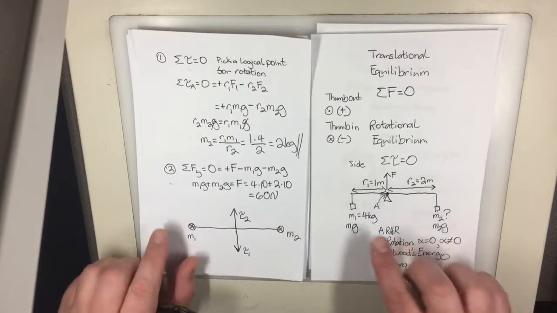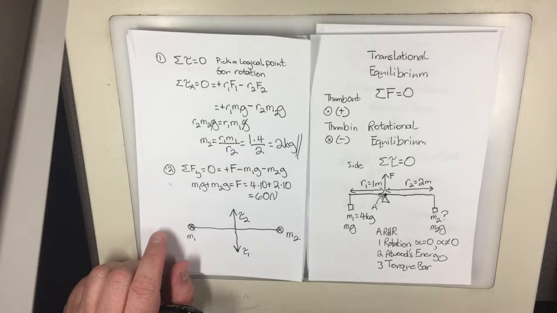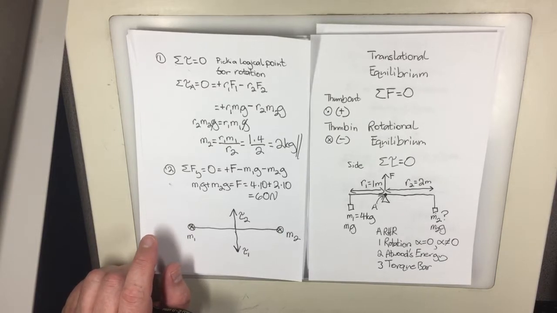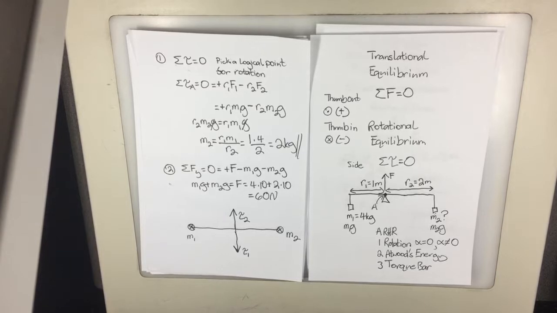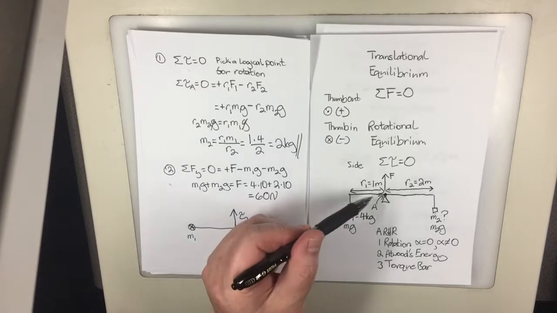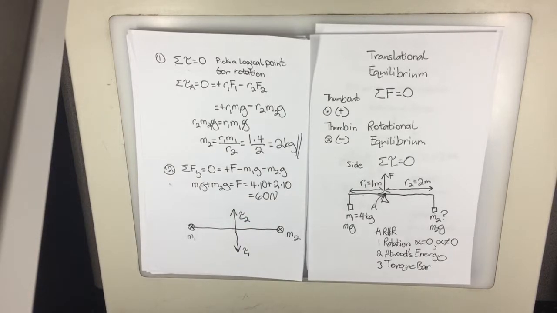The fun thing about these torque bar problems is you don't have to pick the obvious fulcrum. You could pick any point. You could pick here, here, there. It has to be a logical point.